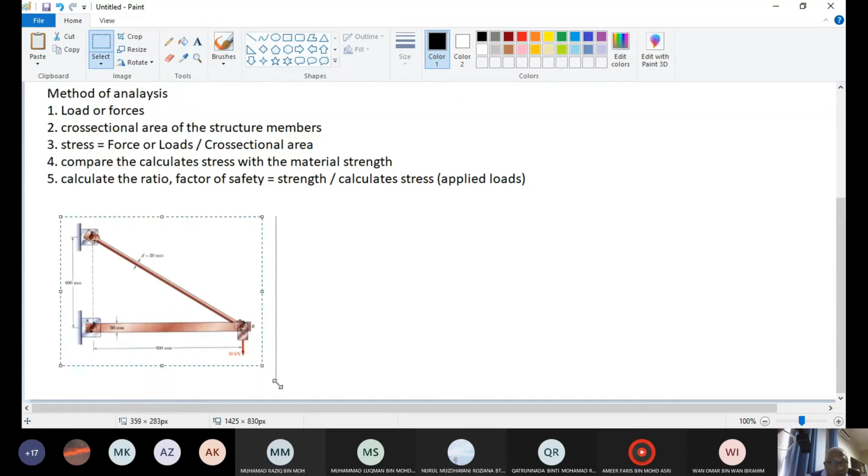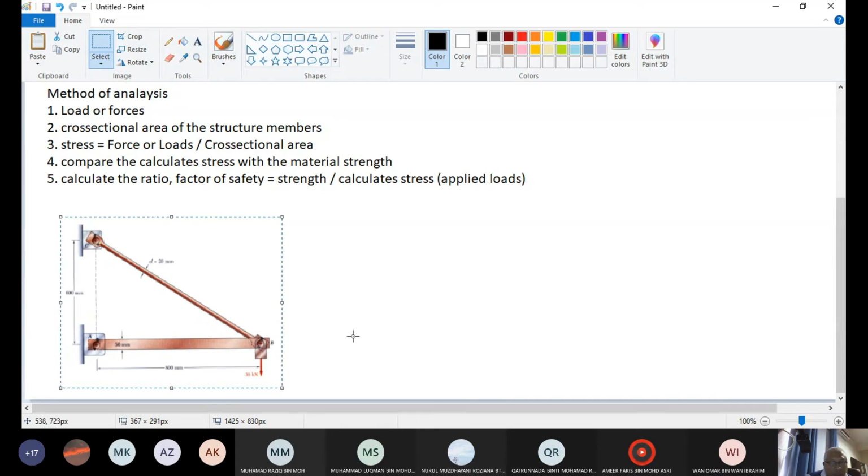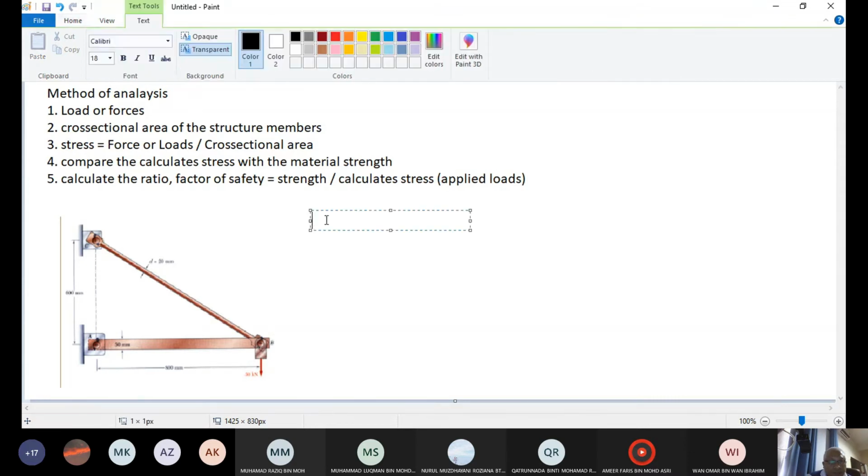So what you need to do first, you have to go and remember back your mechanism. You have to set the force into equilibrium, based on the applied load.